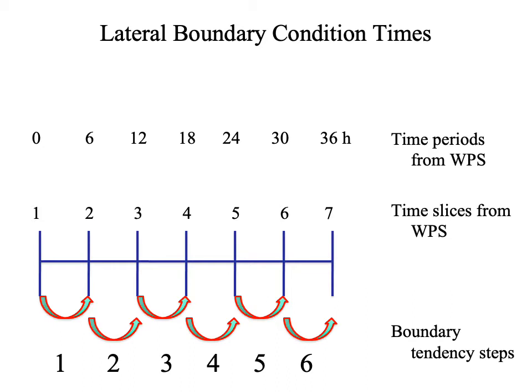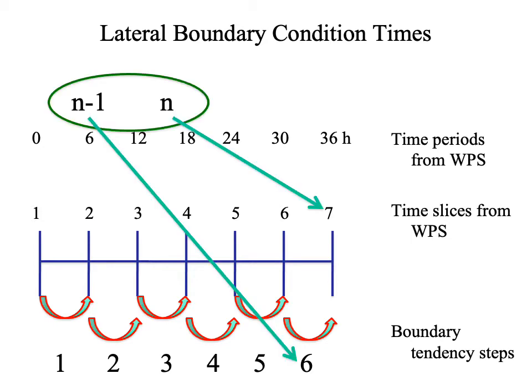The data at hour 6 and 12 allow us to compute a tendency that's valid between hours 6 and 12. Likewise, all the way up to the end, the data at hour 30 and the data at hour 36 allow us to compute a tendency between 30 and 36. So we only end up with n minus 1 time periods of boundary data compared to the time periods that were processed inside of ungrib, metgrid, and the real program.